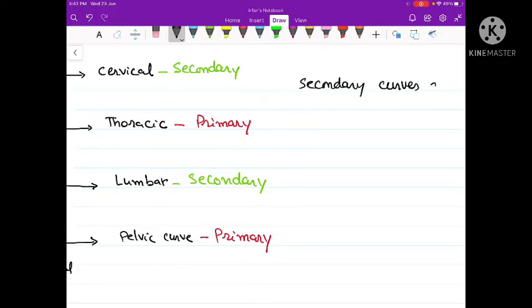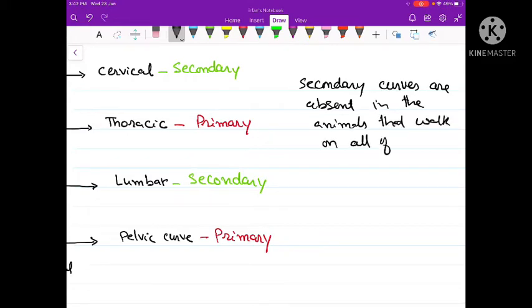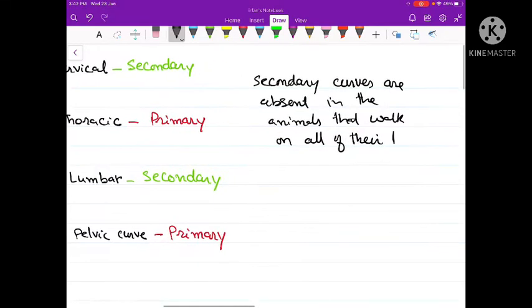Those animals that walk on all 4 limbs have only the primary curves.